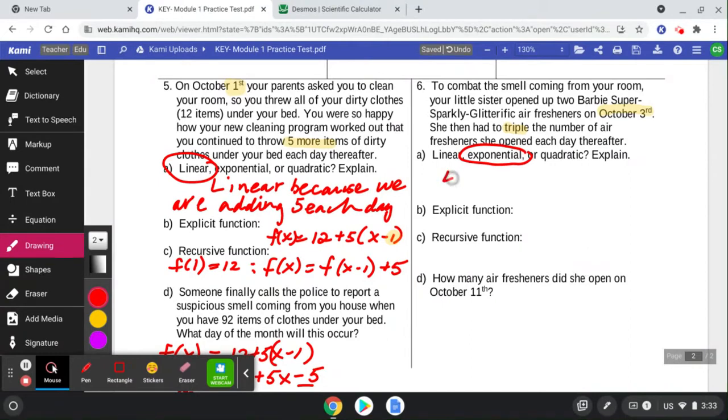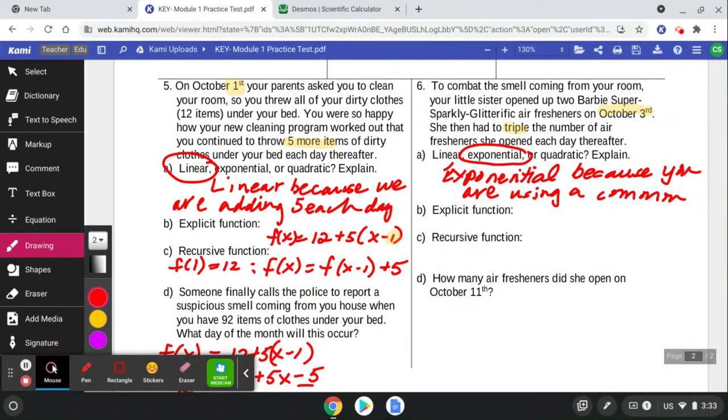That makes it exponential. Multiplying by 3 each time.